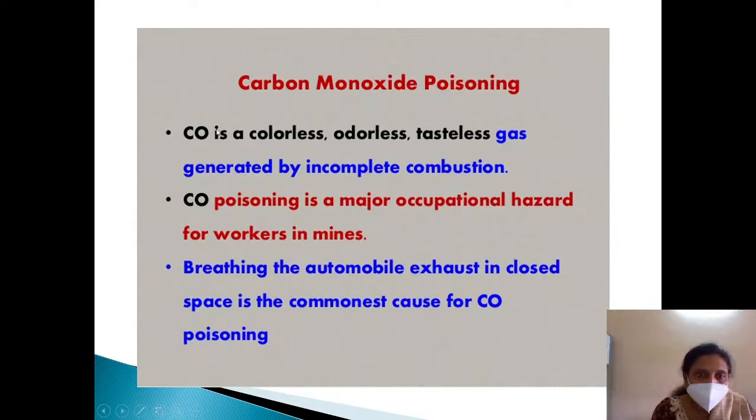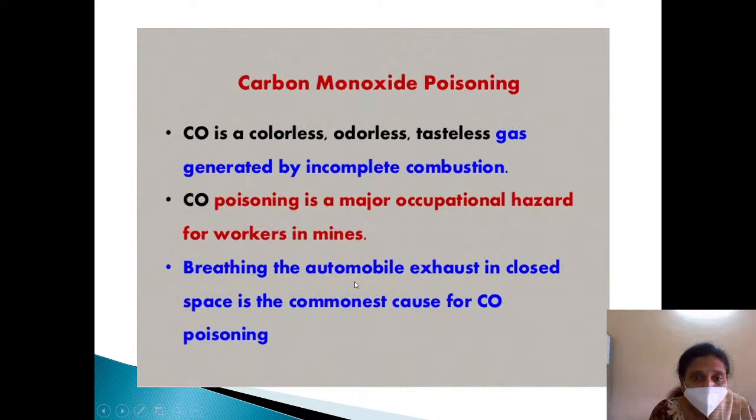Carbon monoxide poisoning is a major occupational hazard for workers who work in mines. And breathing automobile exhaust in a closed space is the commonest cause of carbon monoxide poisoning.